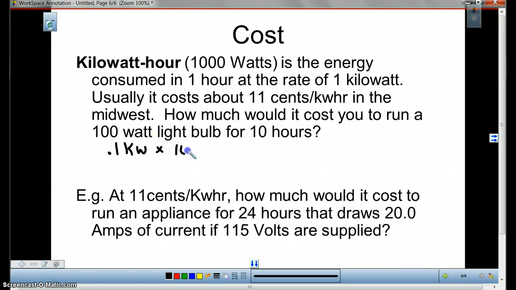And we want to do that for 10 hours. So basically we end up with 1 kilowatt hour. And that costs 11 cents per kilowatt hour. So we're talking about 11 cents. So when your parents tell you to turn off the lights, you can say, well, it's only 11 cents. But that's only for a 100-watt light bulb.